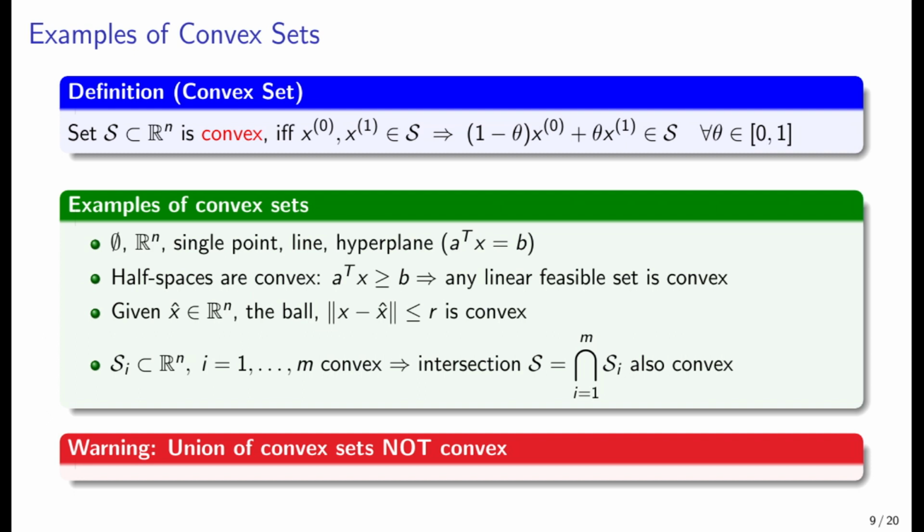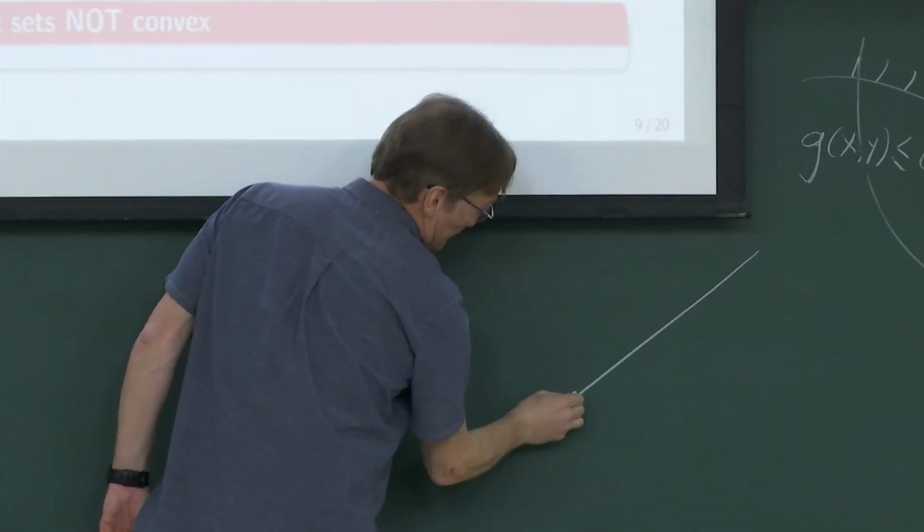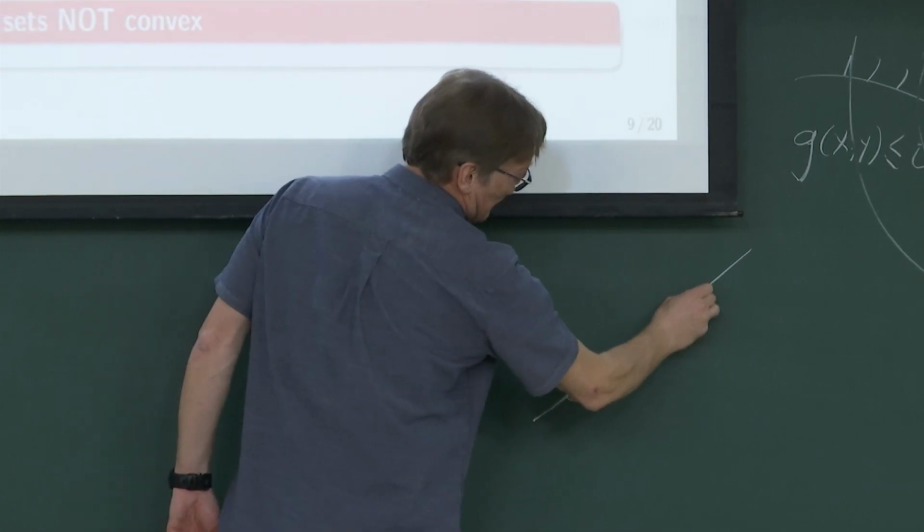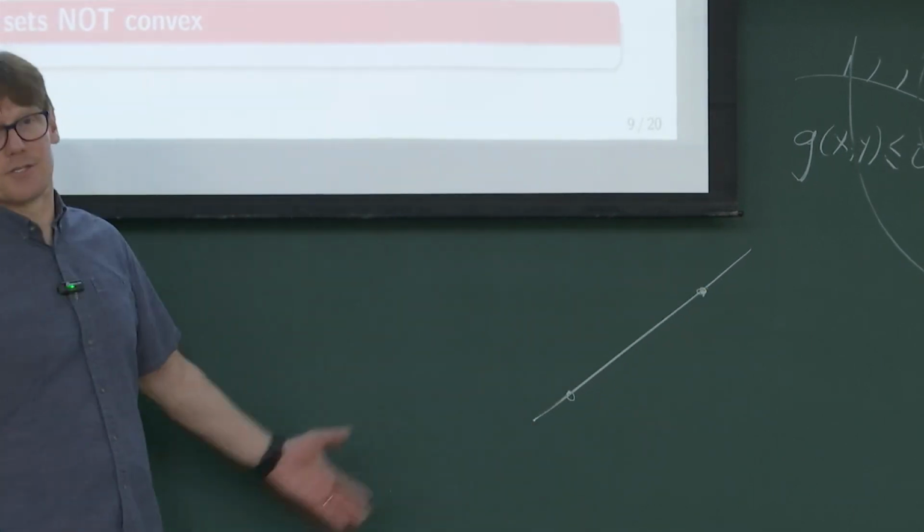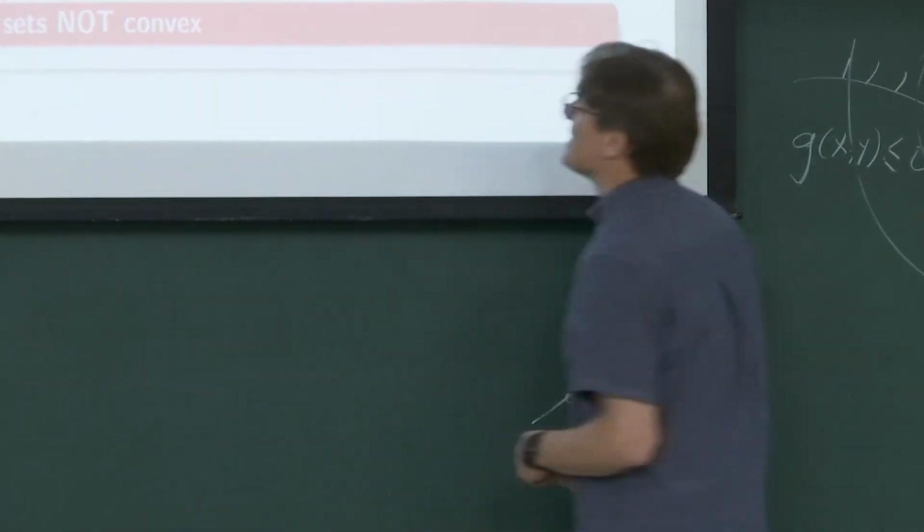All of Rn, so the full space, is convex because there's no boundary to it. A single point is always convex because the only way you form a convex combination is with itself. And a hyperplane is also convex. So if you have a straight line, you pick any 2 points along that line, then of course the straight line joining those 2 points lies inside your straight line.